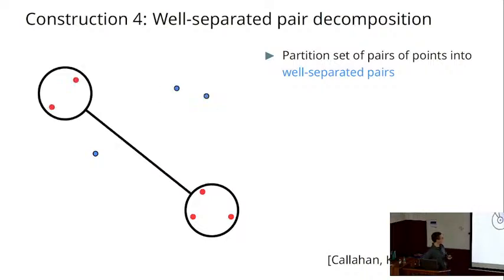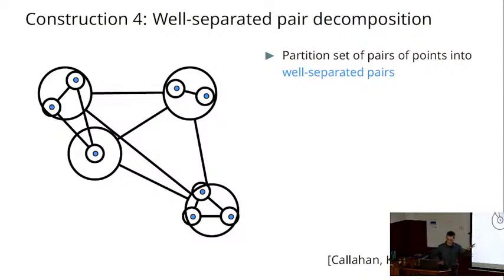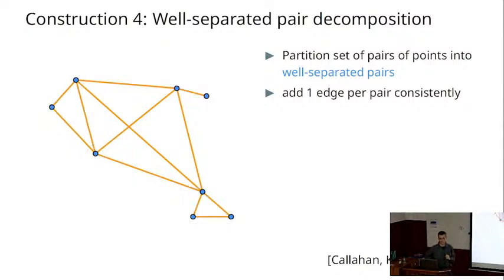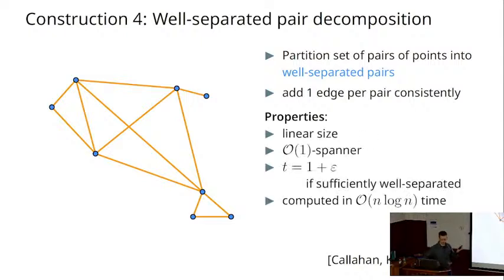If you cover your point set in that way, or partition the set of pairs in that way, that's your well-separated pair decomposition. If you now add just one edge for every well-separated pair, you get a nice spanner. The reason this spanner is interesting, among others, is that you again get 1 plus epsilon.